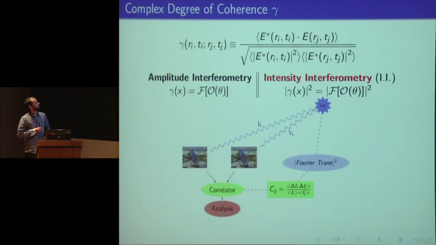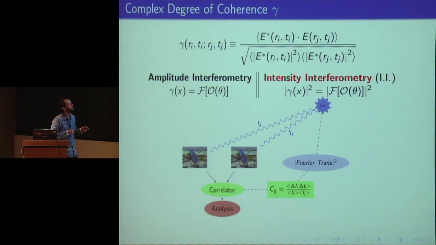Okay, now this leads me to define the complex degree of coherence, which is the normalized time average correlation between complex amplitudes received at two different points in space-time. Amplitude interferometry has access to this complex quantity. That is, it has access to the Fourier transform of the object.